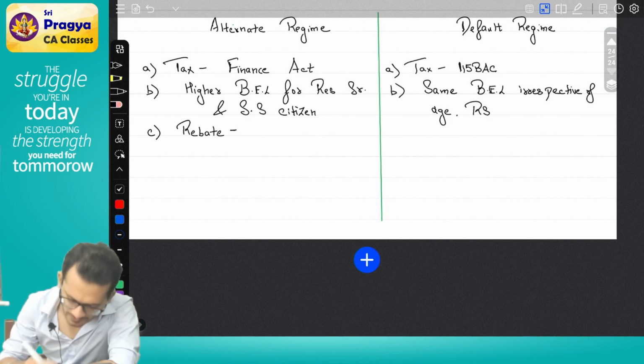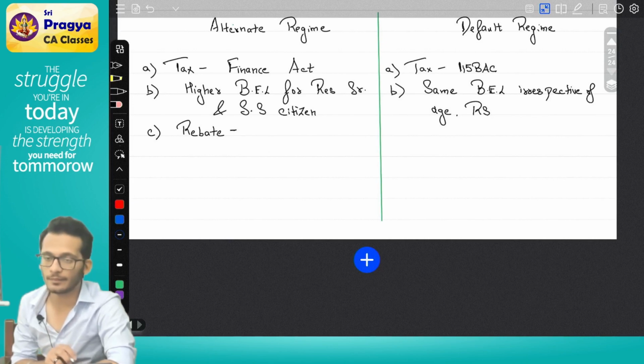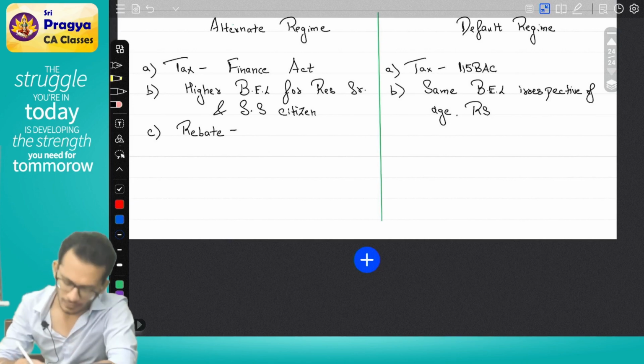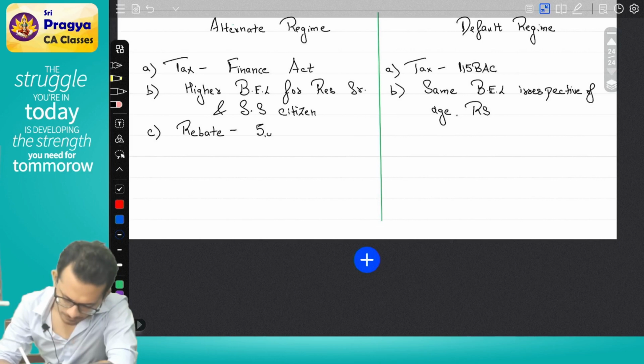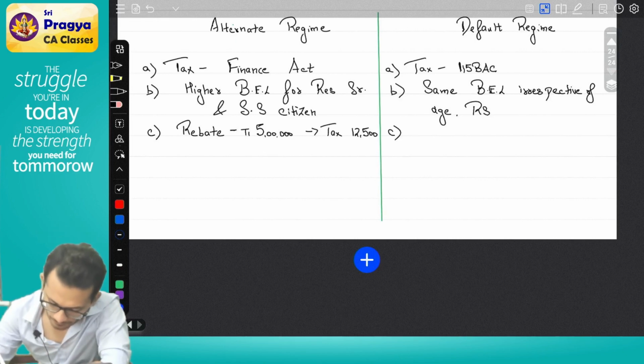Rebate in the old regime: on 5 lakhs of income, 12,500 of tax. 5 lakhs income, 12,500 tax.